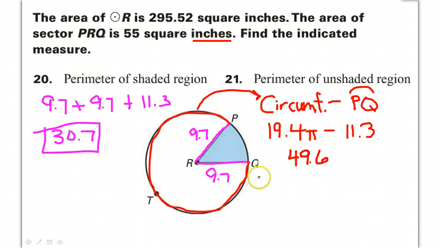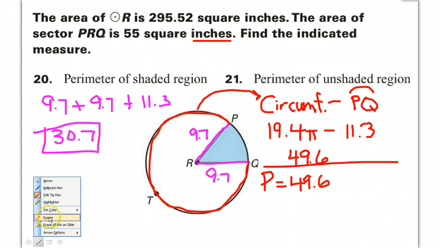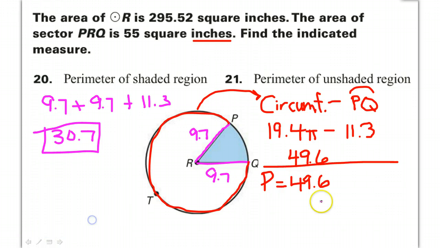Correct. So for the whole perimeter, the perimeter should equal 49.6 plus 9.7 plus 9.7.